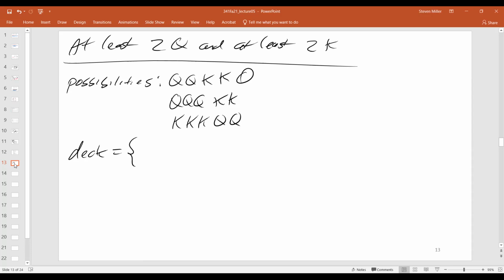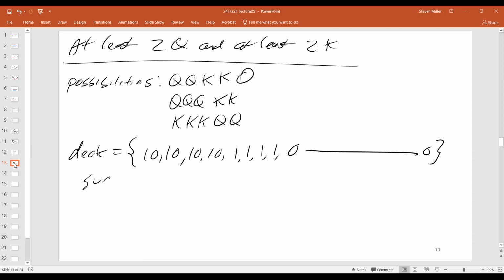So I could do 10, 10, 10, 10, 1, 1, 1, 1, and then all zeros. And if I do it like that, I need a sum of 22, 23, or 32. Notice how much easier that is.